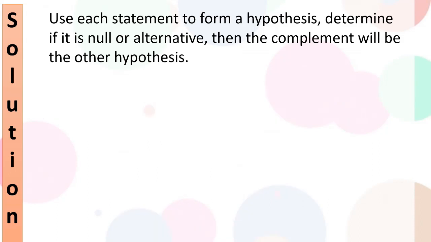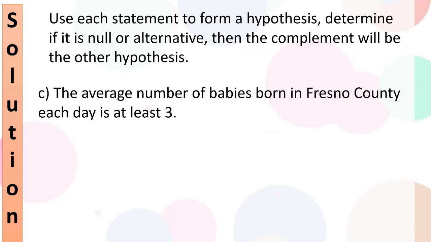In part C, the average number of babies born in Fresno County each day is at least 3. So our average is at least 3. At least means it's at that level or more, right? It's either 3 or more.